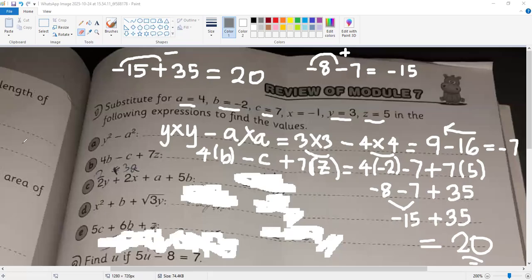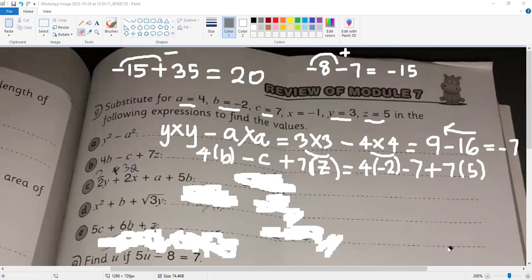I will be erasing the question number 1B solution because of space. So I'll just erase part of it so I can have space for the next question number. Question number 1C, I have 2y plus 2x plus a plus 5b. So quickly, we're going to do the same thing. 2 times y.